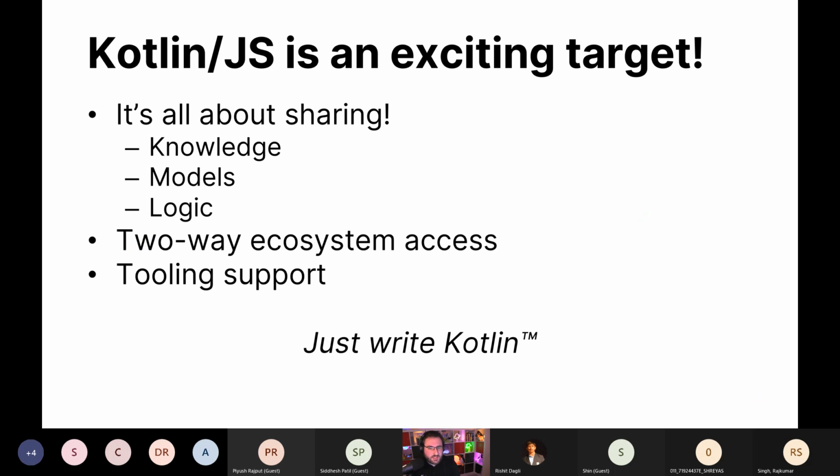So I think Kotlin JS is a really exciting target, especially in the context of multi-platform, because just like sharing between Android and iOS, for example, with multi-platform, sharing between your JVM backend and the JavaScript frontend, it's all about sharing, and that is not only your business logic, but it also means your knowledge.